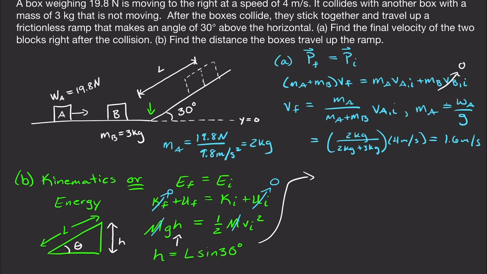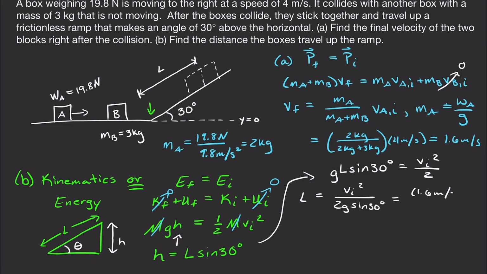So we'll have g times h, which now we know is L sine 30, is equal to v_i squared over 2. And if we solve for L, we'll get v_i squared over 2g sine 30 degrees, where v_i is 1.6 meters per second, which is our final velocity from the last part.